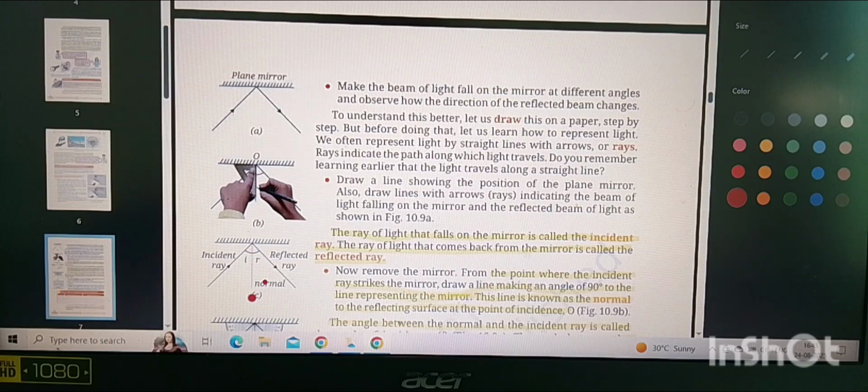The angle between this normal and the incident ray is called the angle of incidence, and the angle between this normal and the reflected ray is known as the angle of reflection.